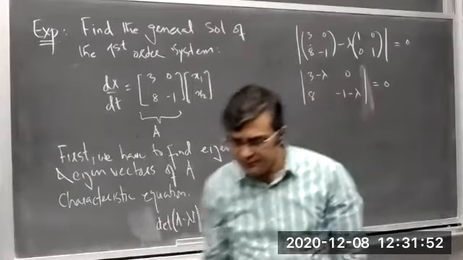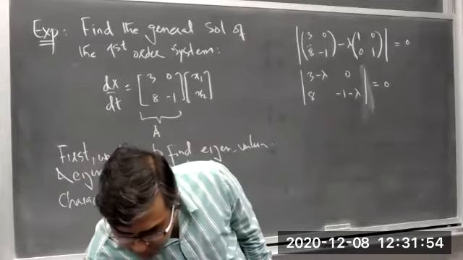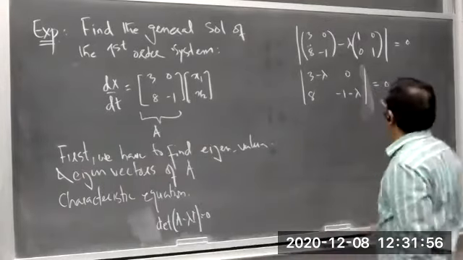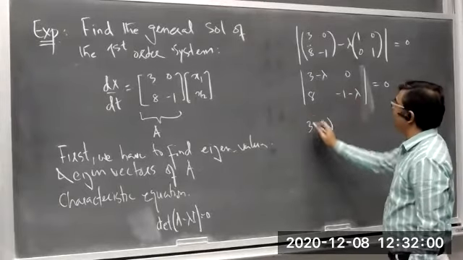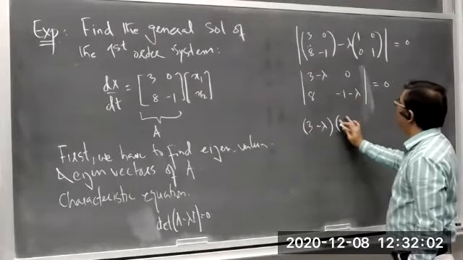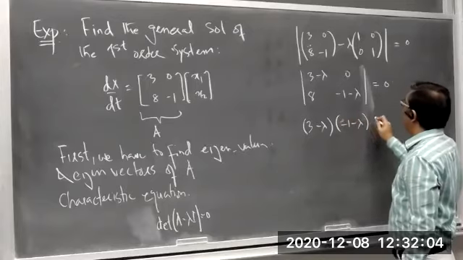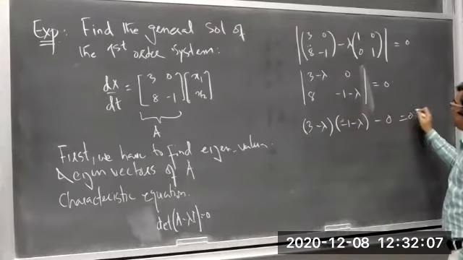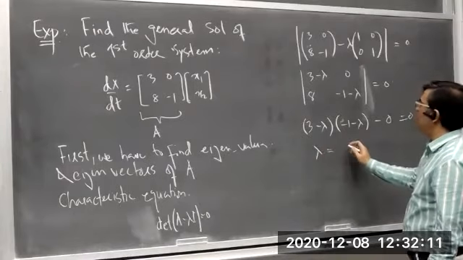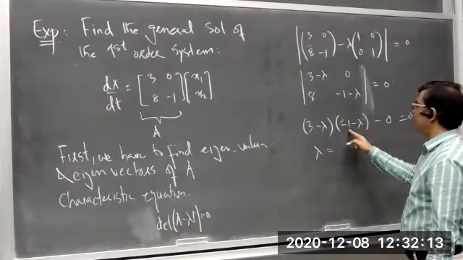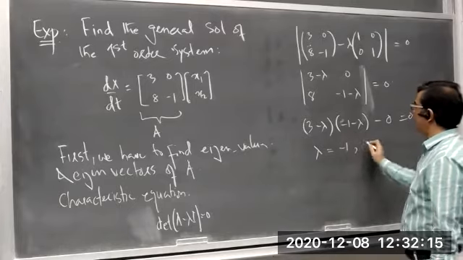Now, after solving this, we can write (3 minus lambda)(minus 1 minus lambda) minus 0 equal to 0. So what do we get here? Lambda is equal to minus 1 and 3.